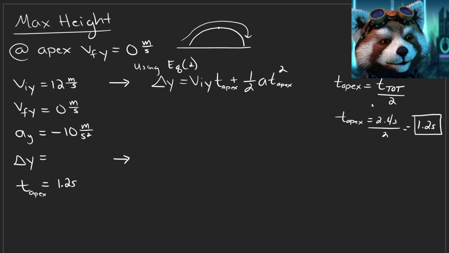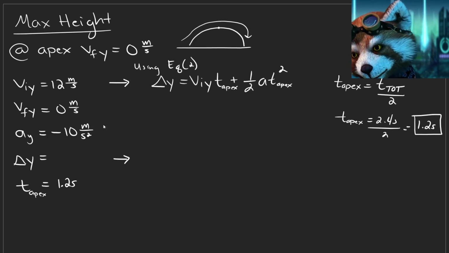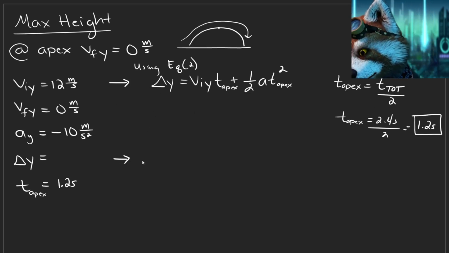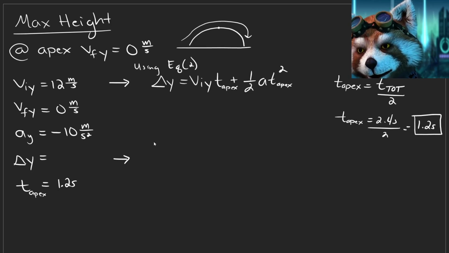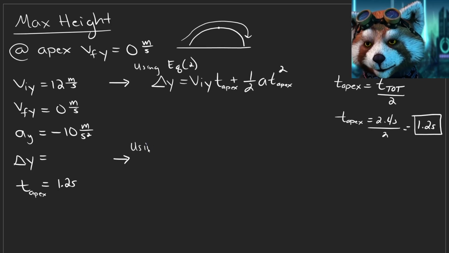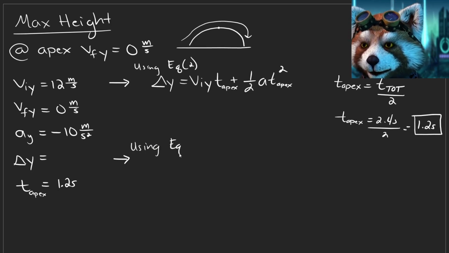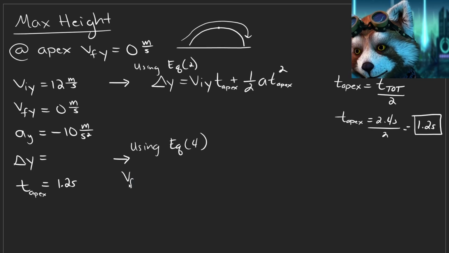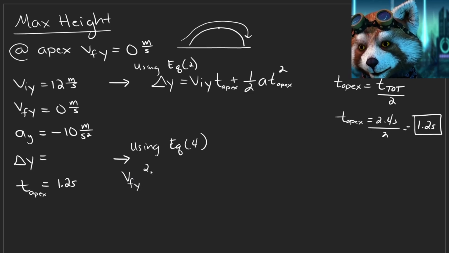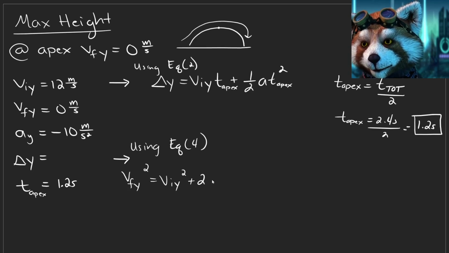Well, now that we found the time, let's just keep going with this. We can find the final velocity. I'm sorry, we can use equation 4, which is velocity final in the y squared equals velocity initial in the y squared plus 2 times acceleration in the y, delta y.